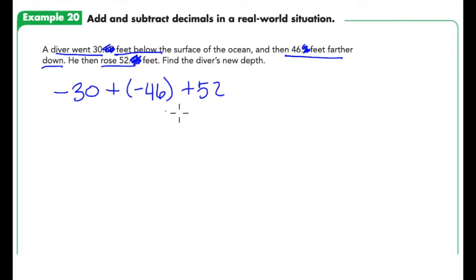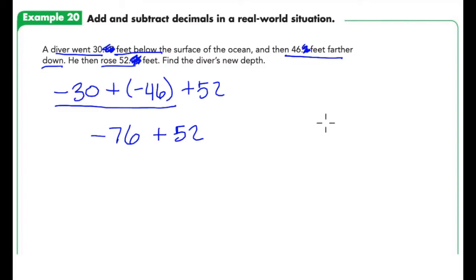So now that I have my expression written out, I'm going to take the two negatives and add them together first. 30 and 40 is 70, plus that 6 gives me a negative 76, plus 52. Because we are left with addition with a positive and a negative, the signs are different, so we have to subtract.